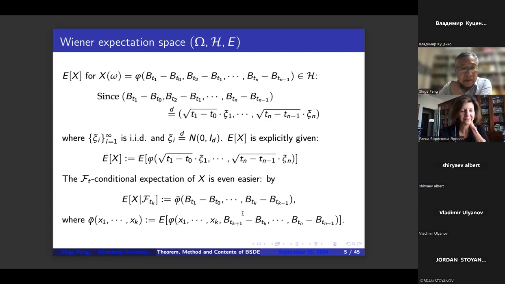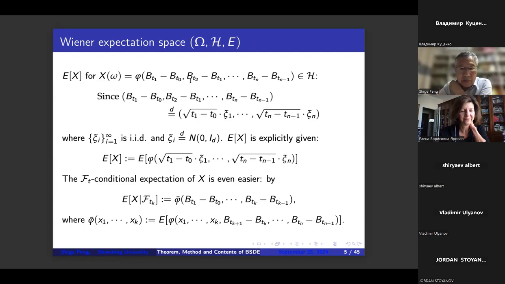Then what remains for this triplet is only the E. It's important. How do we define such E so that the canonical process B becomes Brownian motion?